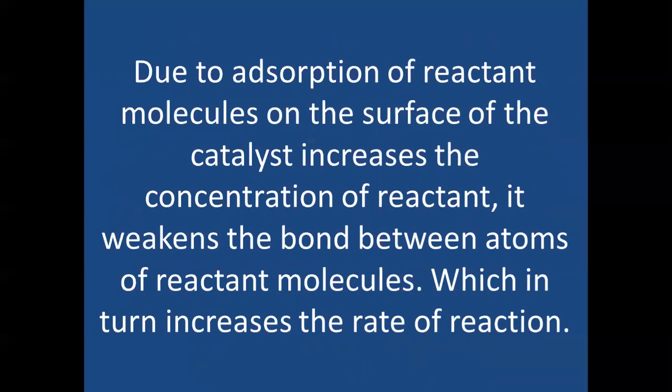For example, TiCl4, titanium chloride, is used as a catalyst in the production of polythene. It is also called Ziegler-Natta catalyst. Ziegler-Natta catalyst is nothing but TiCl4. It is used to produce polythene.